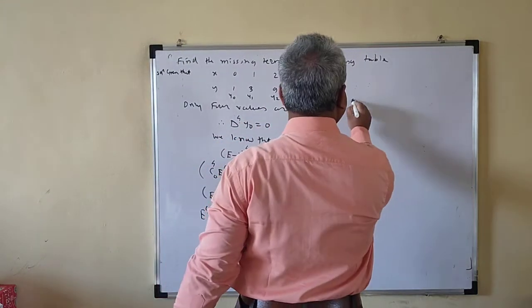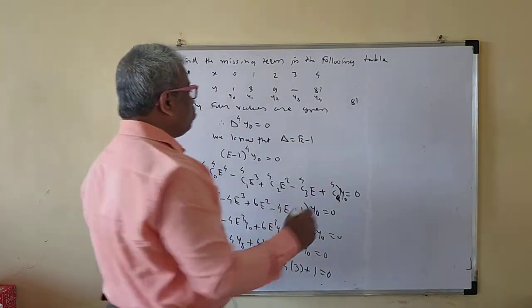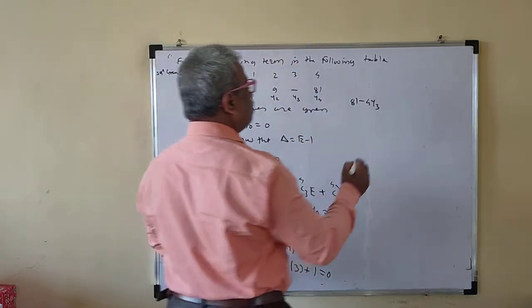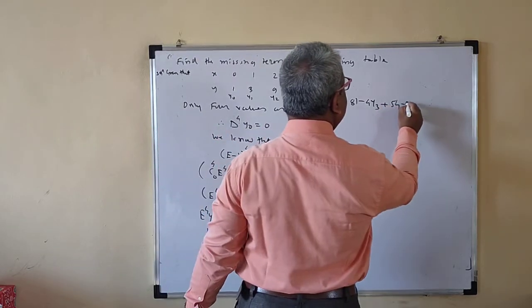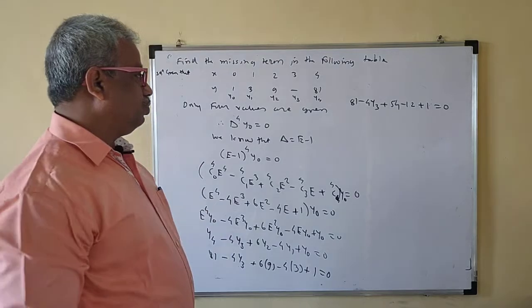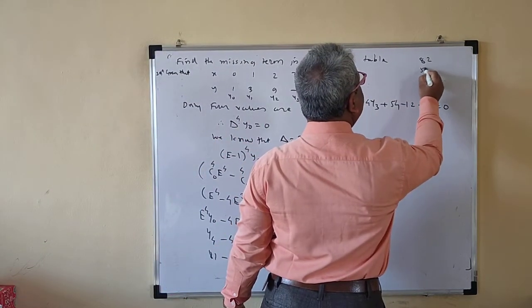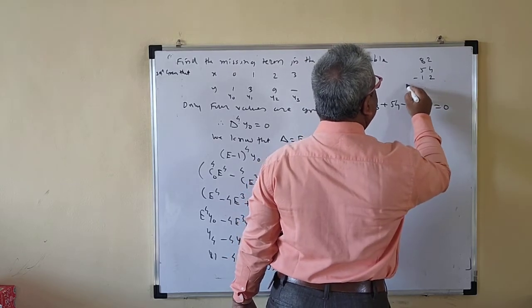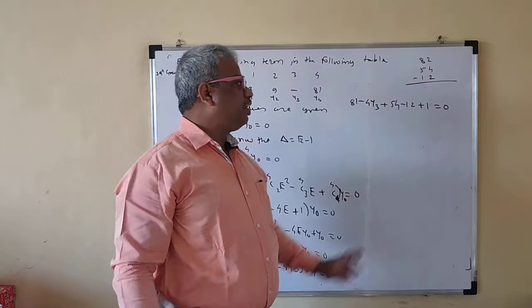So this is 81 minus 4 y3 plus 54 minus 12 plus 1 is equal to 0. So 81 plus 54 is 135, minus 12, plus 1.